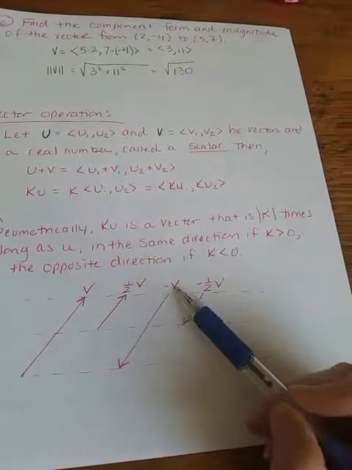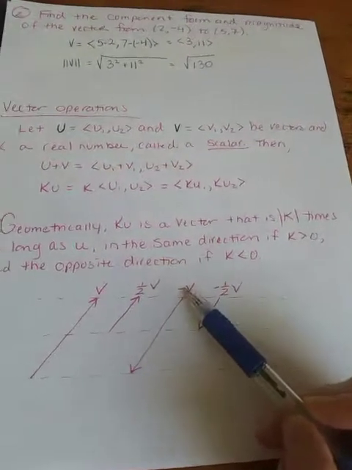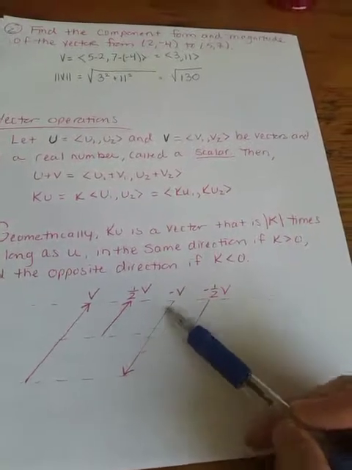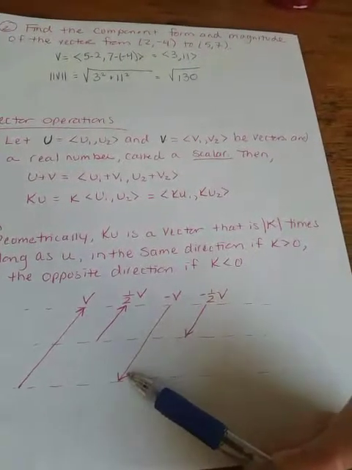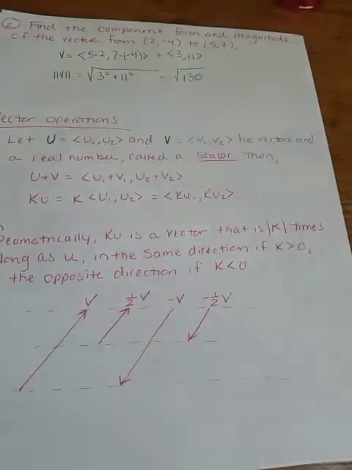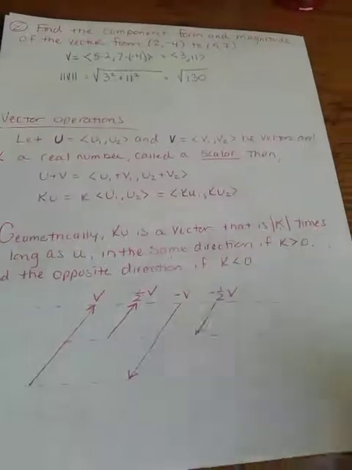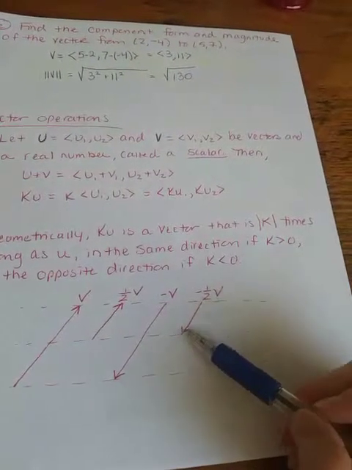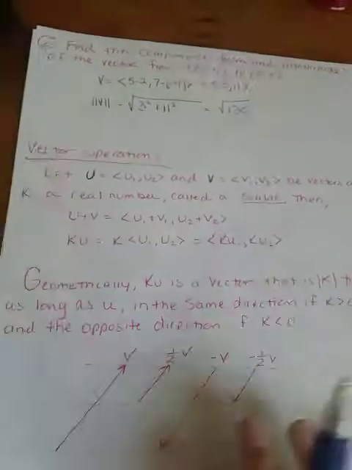If k is -1, negative v is the same length as v but going in the opposite direction. Notice you need to put the arrows to show your direction. And then -1/2 v would be half of v, but in the opposite direction. Pretty much makes sense, I think.